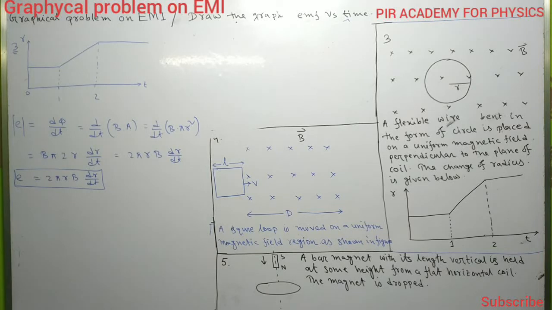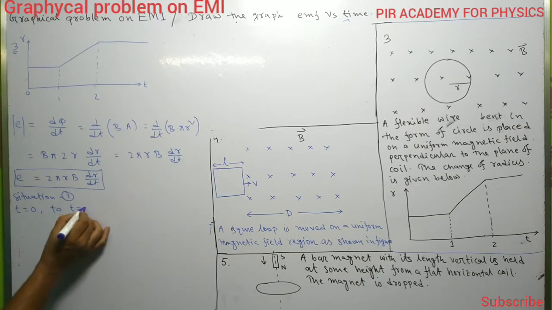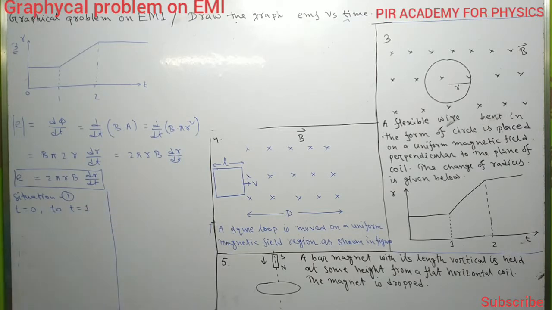Here you see the change of radius. Situation number 1 means t equals 0 to t equals 1. In this condition, the change of radius is 0 because there is no change in radius with time.